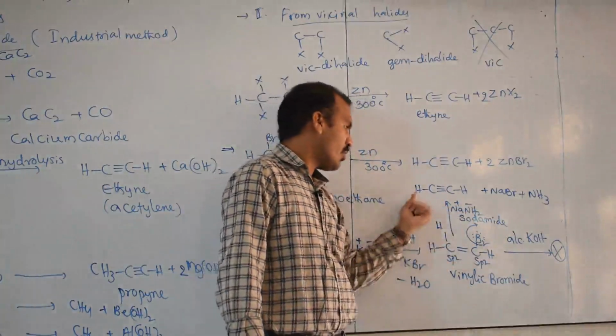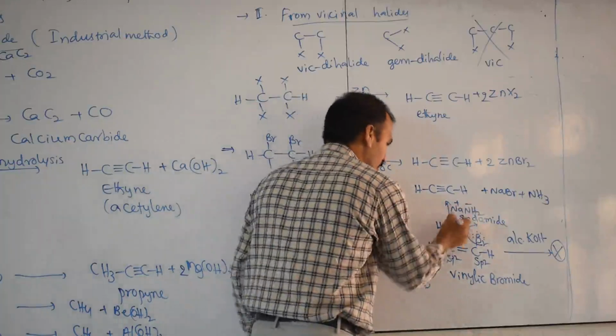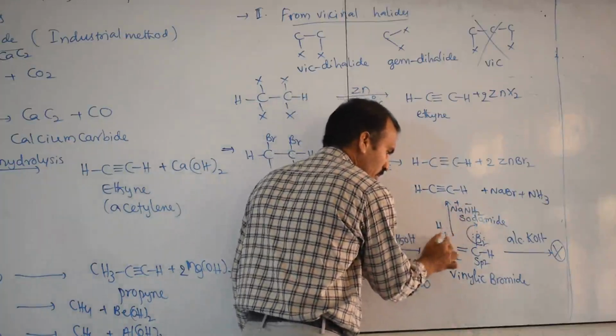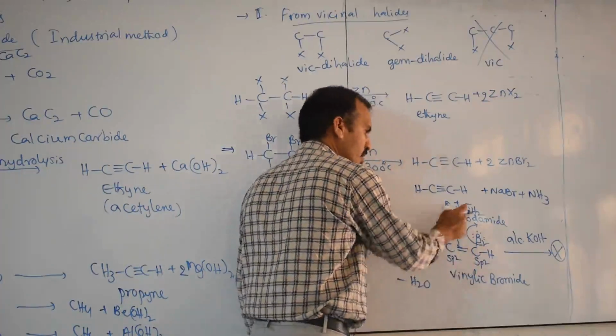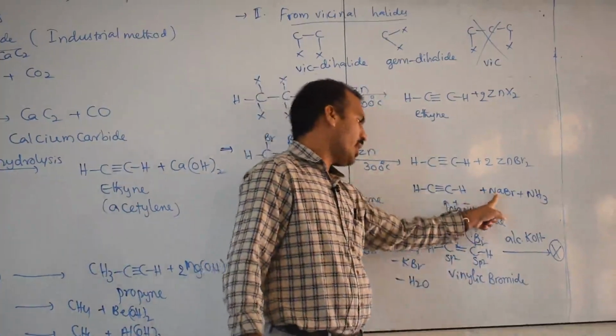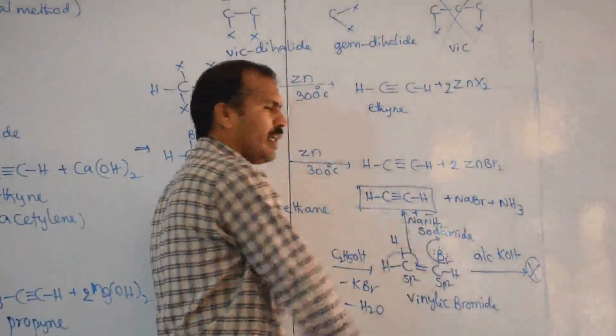So generally I wrote this hydrogen; you can consider this hydrogen taken by this. Now this is minus, this is plus. So plus meaning that this will move like this. Then this is plus, this is minus, and a bond forms. Then NH3, and this Na and this Br form NaBr. Then we got here ethyne.